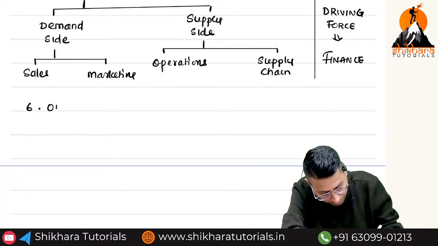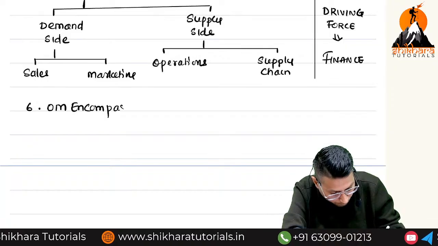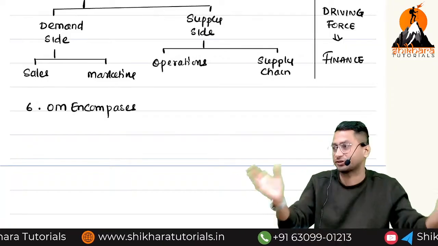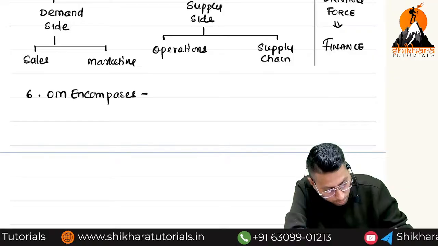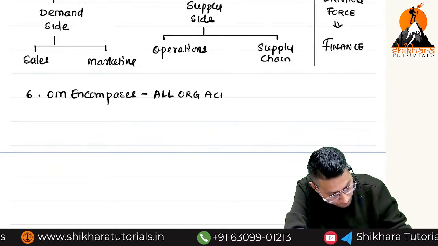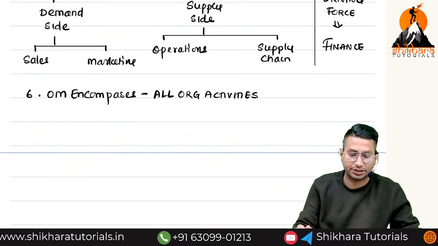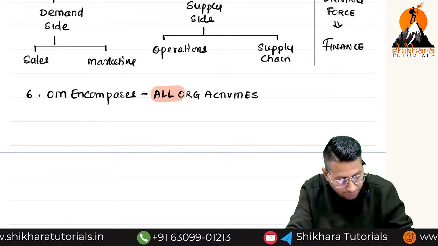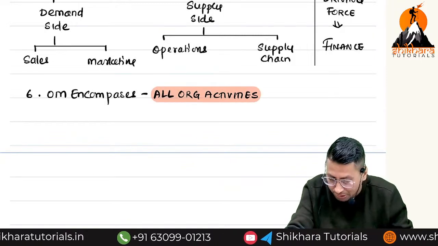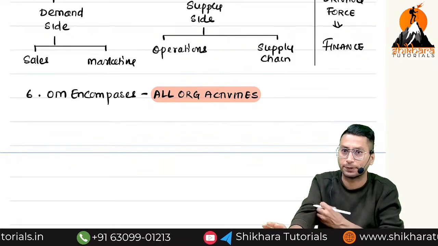So we can say operations management encompasses, it covers everything. It encompasses all organization activities. Every activity related to production of goods or provision of services is covered in operations management.